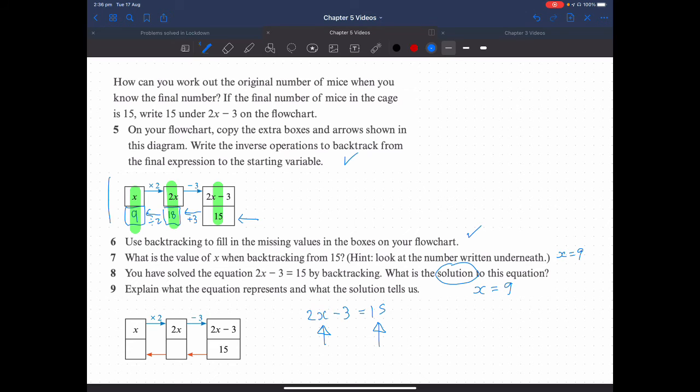What it tells us is that after the pet shop owner had doubled the number of mice in the cage and 3 had been bought, how many mice were left? What the solution tells us was how many mice we started off with.